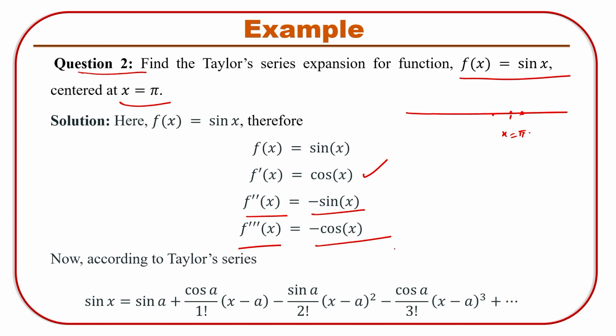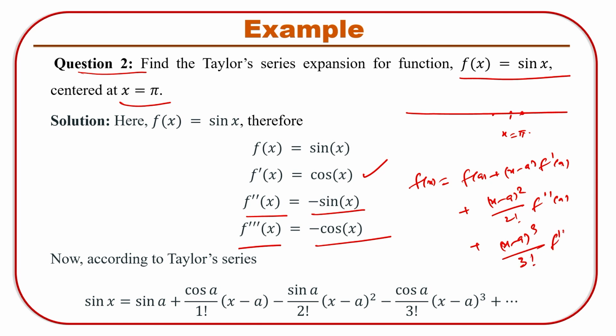So, now according to the Taylor series, what will happen? f(x) equals f(a) plus (x minus a) into f'(a) plus (x minus a) whole square by factorial 2 f''(a) plus (x minus a) whole cube by factorial 3 f'''(a), and so on, right.